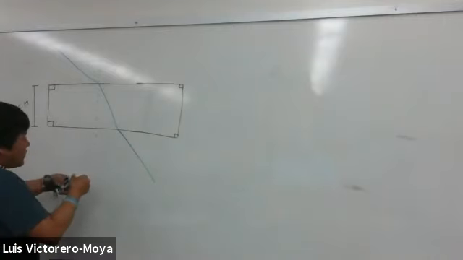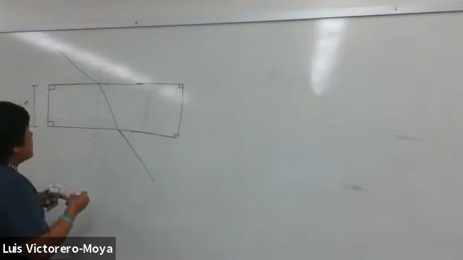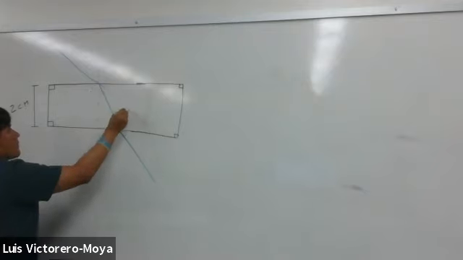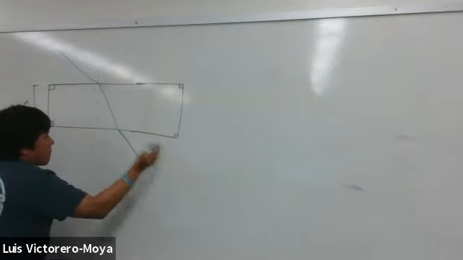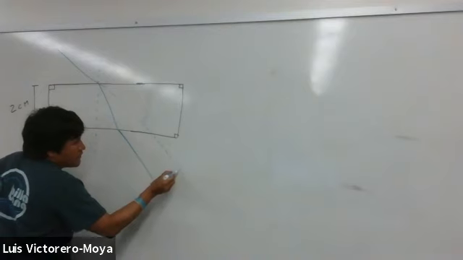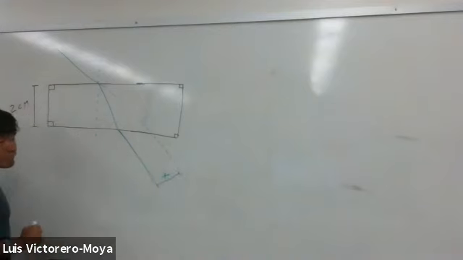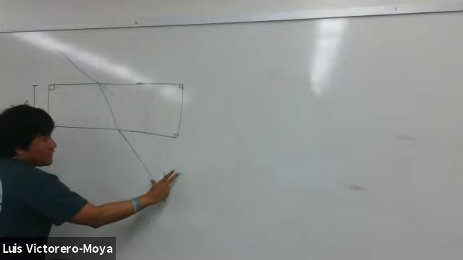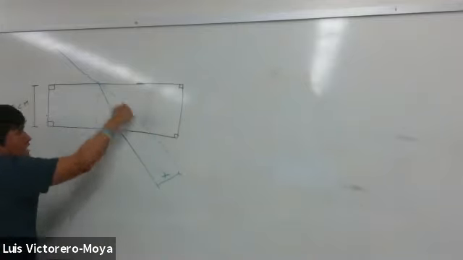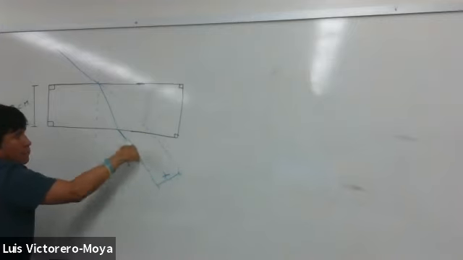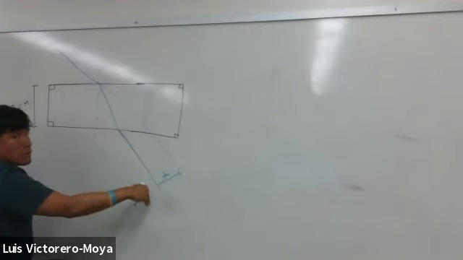And what they do is they extend this refracted ray, and they tell you that the distance here is a distance x. They want you to find the distance between the original ray and the ray that leaves the block.